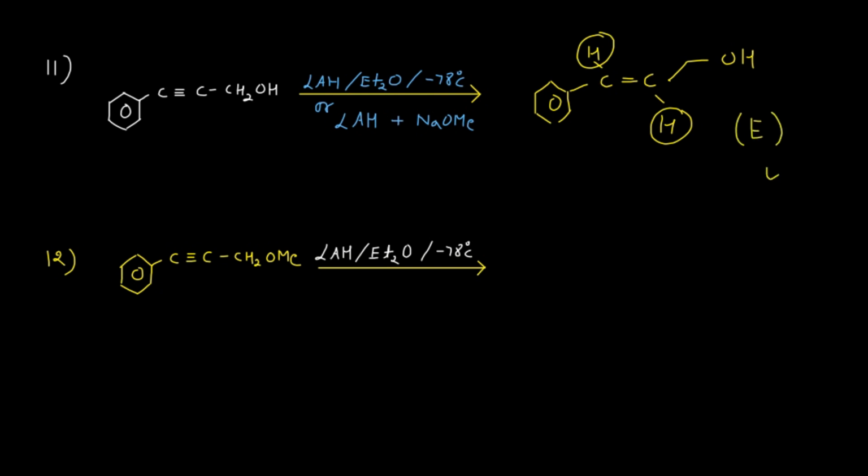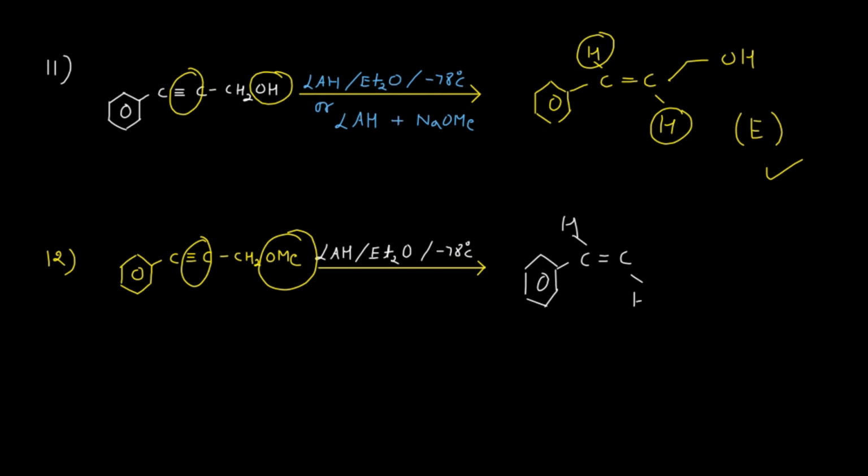This can be reduced, and this will happen only when you have the OH functionality and the triple bond present together, or OMe and the triple bond together. This will happen only when these two situations are met. So again you see the same reaction. Carbon double bond carbon, one hydrogen will go up, another hydrogen will come down.